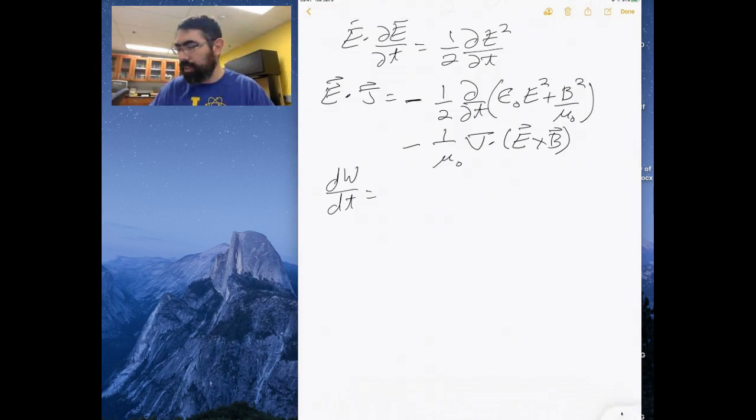So let me try this again. The power, we have to take that E dot J and put it into the integral.